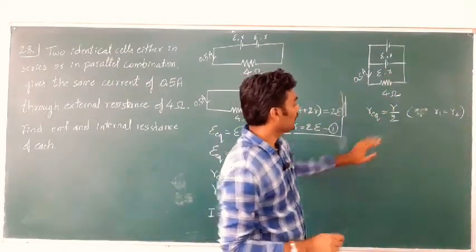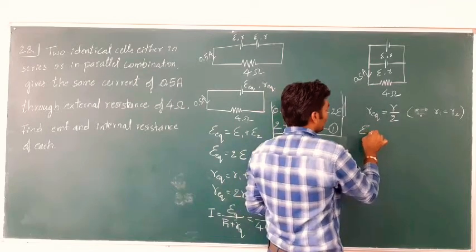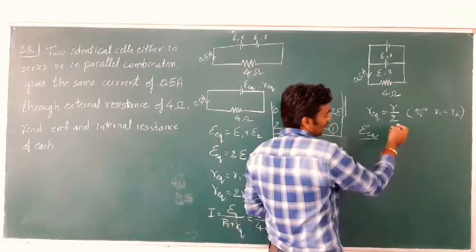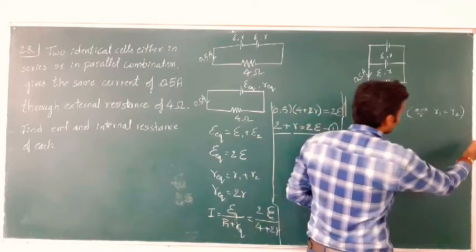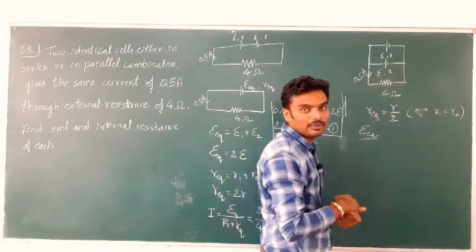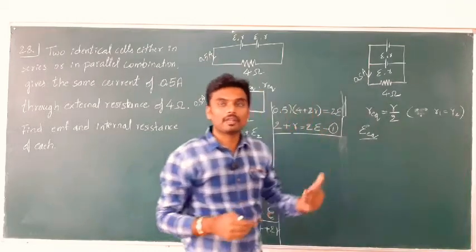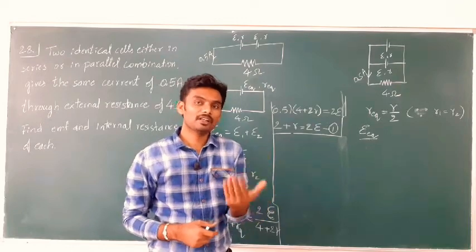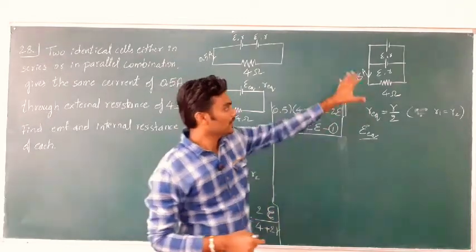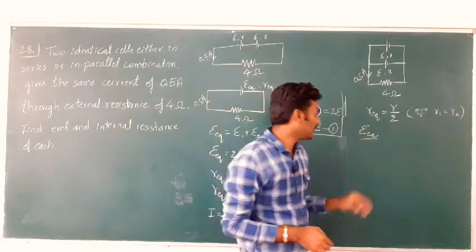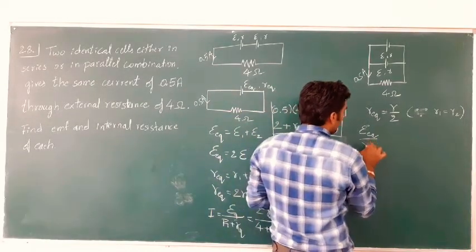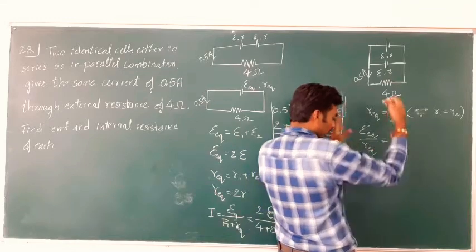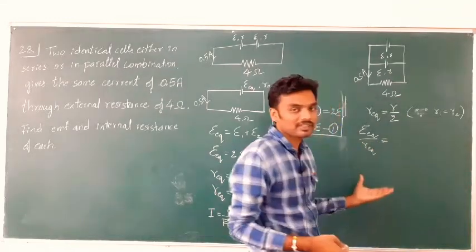So R equivalent is R by 2, and the formula says E equivalent is equal to, okay, you can write E equivalent is equal to E, since E1 is equal to E2, right? You know that when you have two cells of equal EMF connected in parallel, the equivalent EMF is also equal to EMF of single cell, right? You can write it, or you do the math once, put the formula once. This is always suggested since it is a board examination problem.